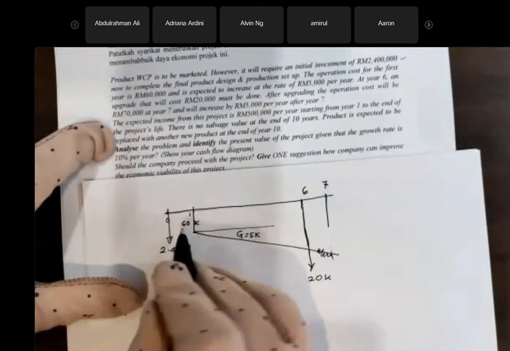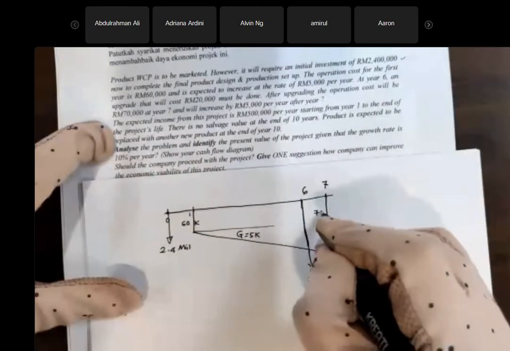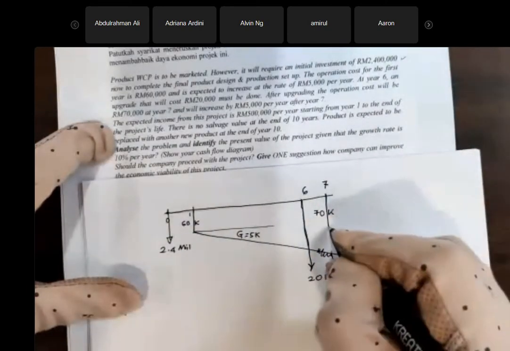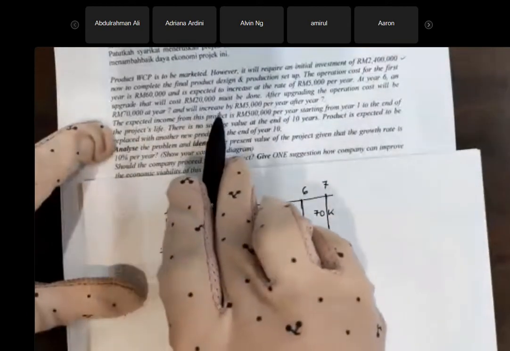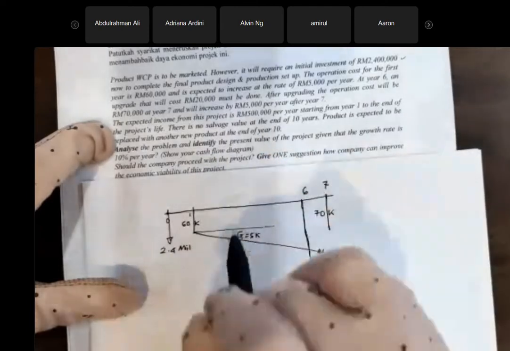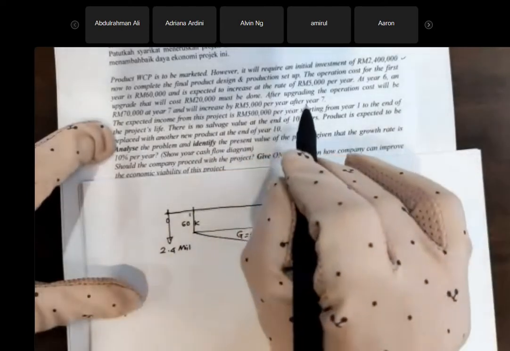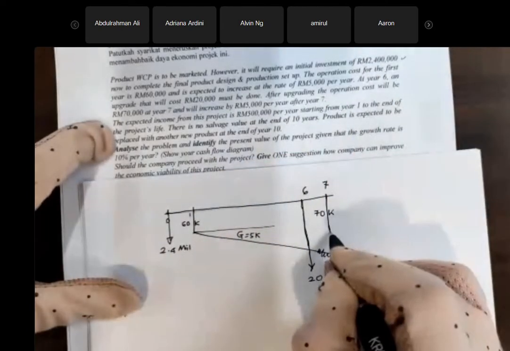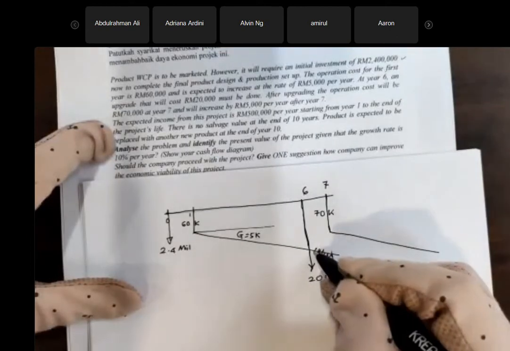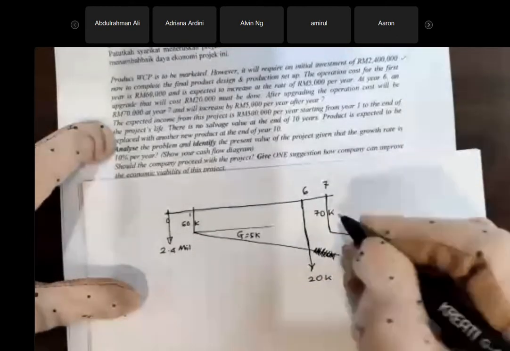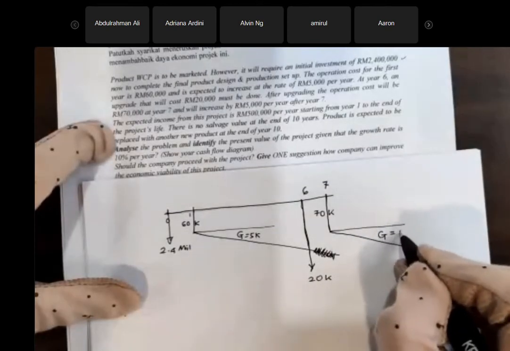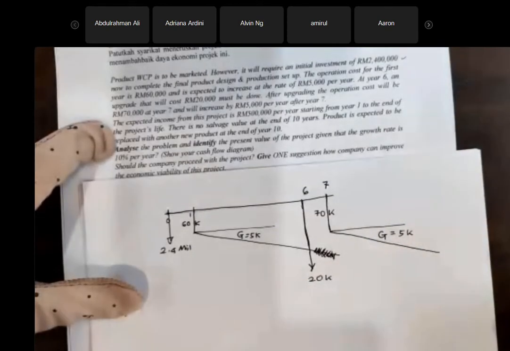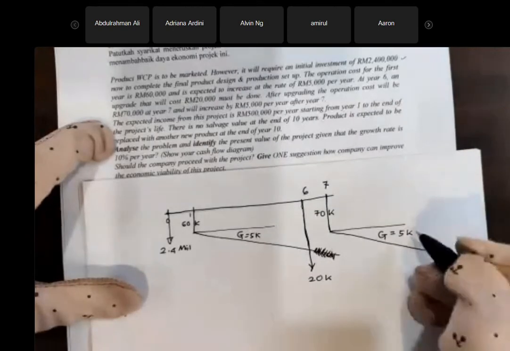Just now it's 60,000, but then at year 6 it is 70,000, and will increase by 5,000, same as 5,000 per year after year 7. So this one, the G is 5,000, for the years after year 7.